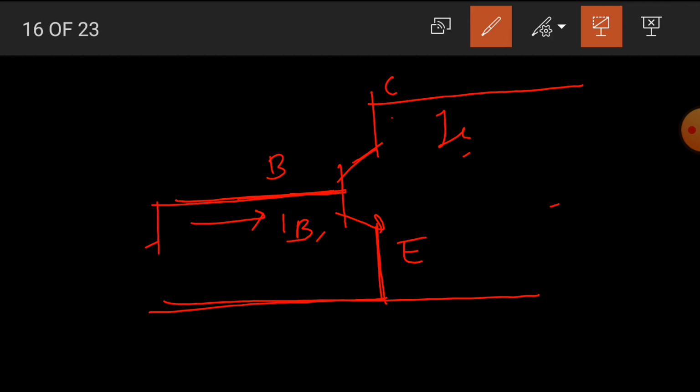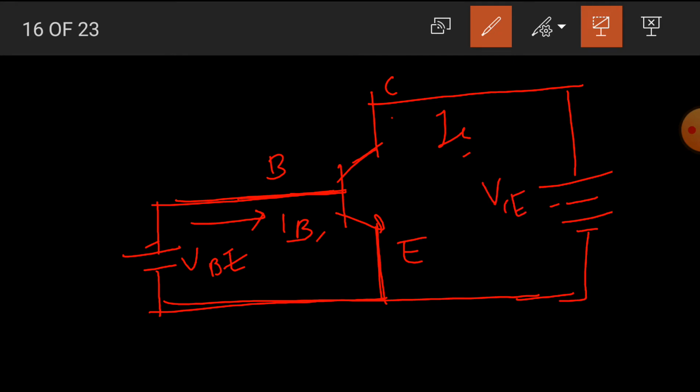The voltage source connected between base and emitter is known as VBE, and the voltage source connected between the collector and emitter is known as VCE. And we know that from Ohm's law, V is equal to IR.